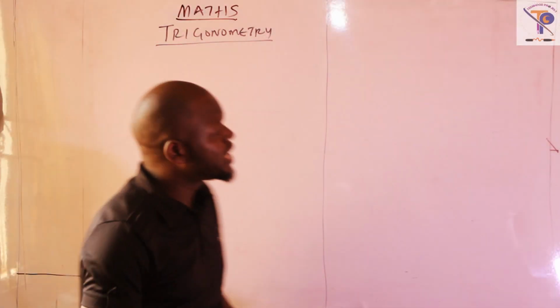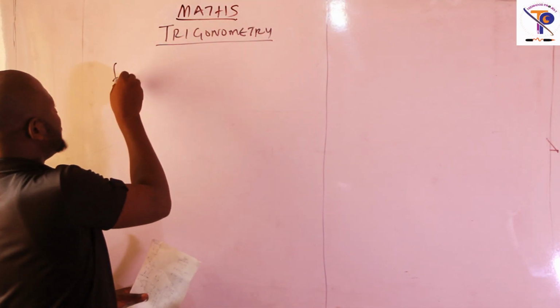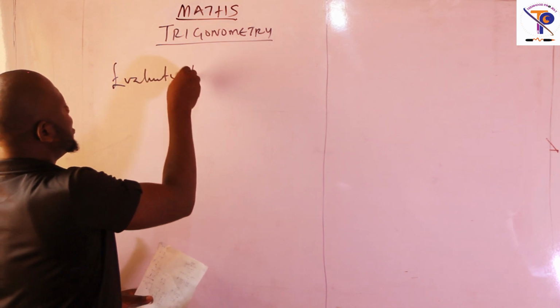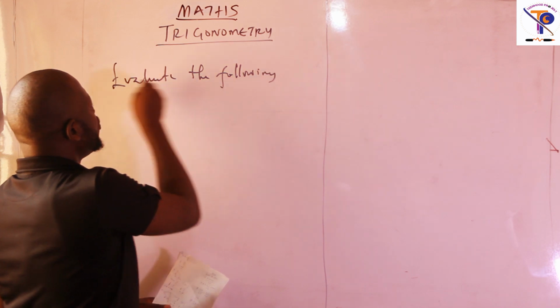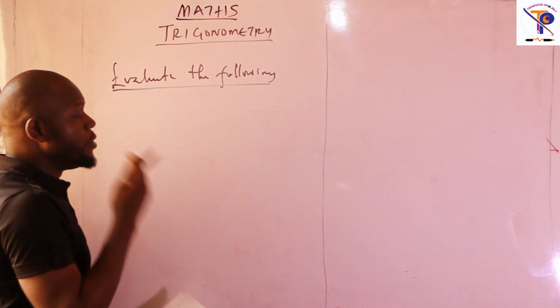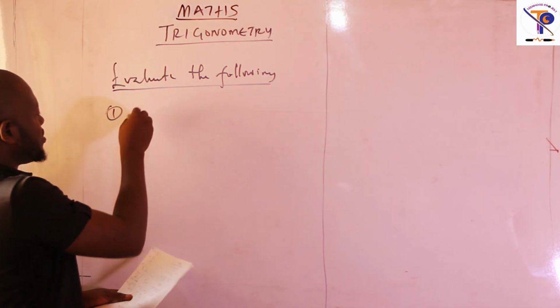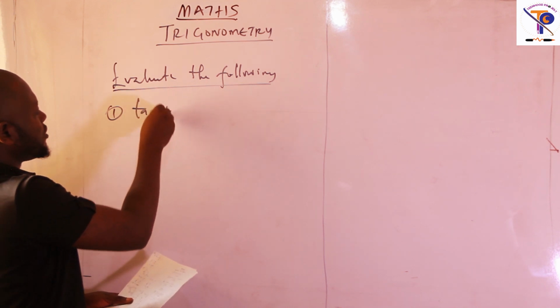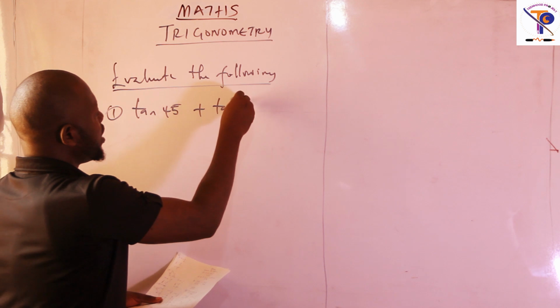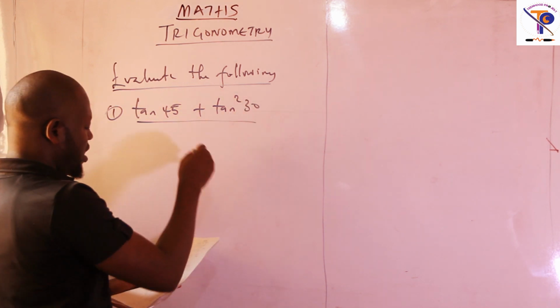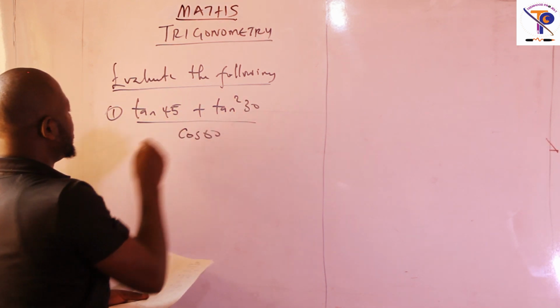So today we just want to check some exercises. Let me just say, evaluate the following. Let us have a few exercises on things that we have done. Let's say tan 45 plus tan square 30 over cos 60.